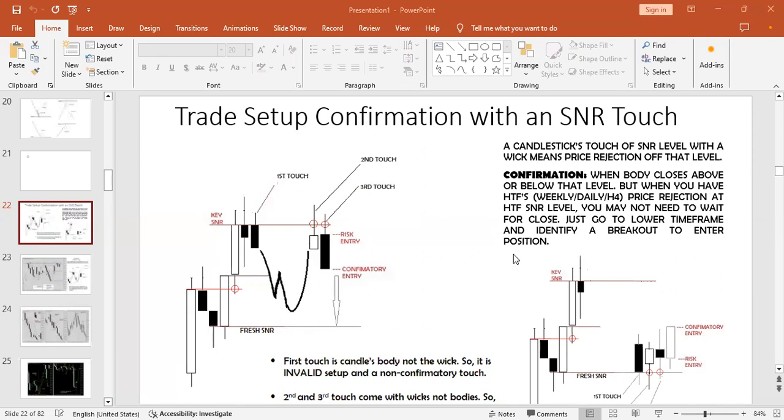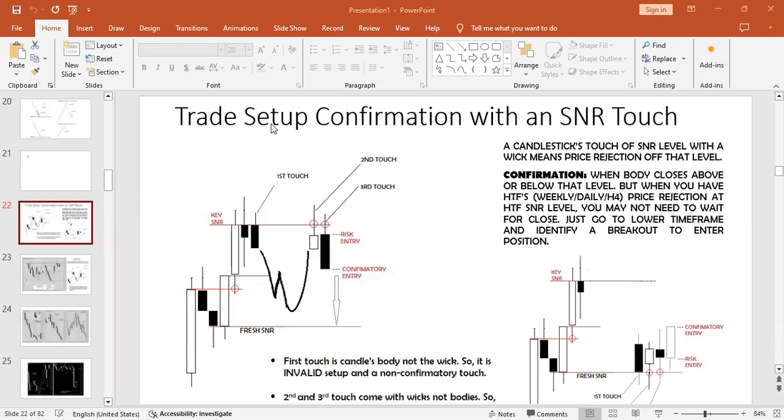It validates an SNR level. It's not compulsory; the single candlestick can still go, but the miss has more significance than that single candlestick. That's what I learned from there.